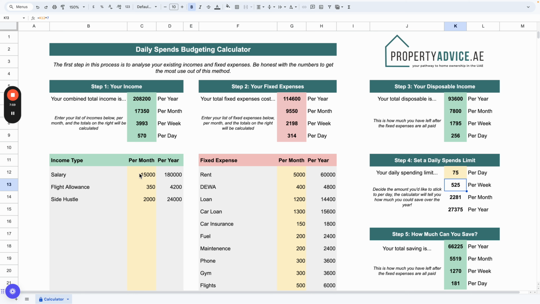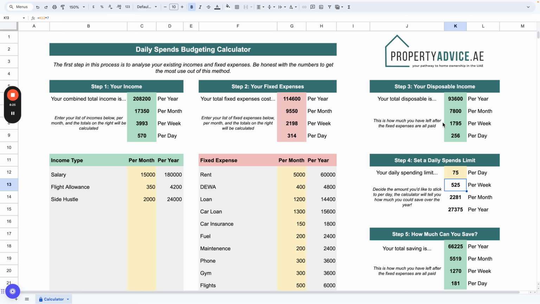So now, a person with this level of income at some point may feel, oh, I'm going to set myself a target. I really want to save 100,000 dirhams. It also helps you realize you simply cannot do that. There is no way to do that unless you change some of these fixed expenses as well, because your disposable income, the absolute maximum before you've even eaten, is 93,000 dirhams.